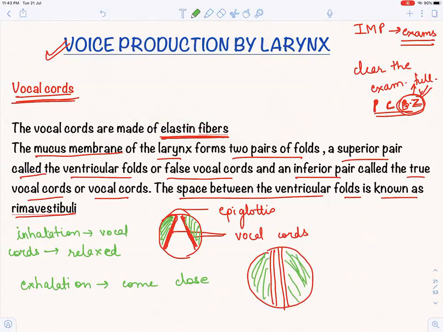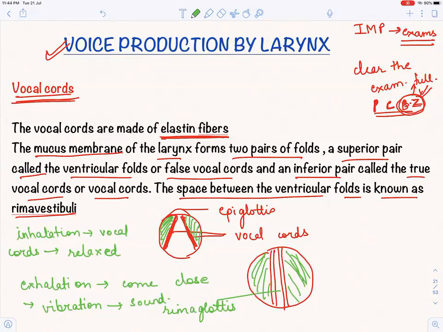And this space is known as rima glottis. So during exhalation they come close, and then there is vibration of vocal cords, due to which sound is produced. So this is what I want to tell you in vocal cords and larynx.